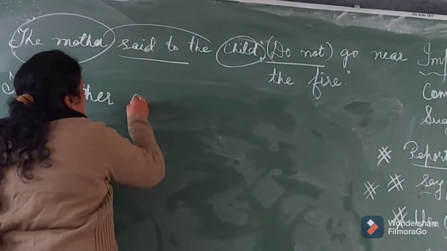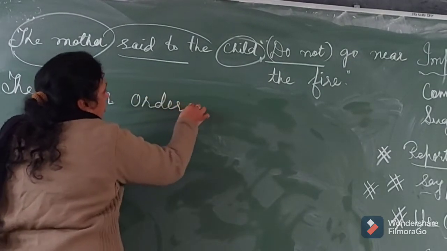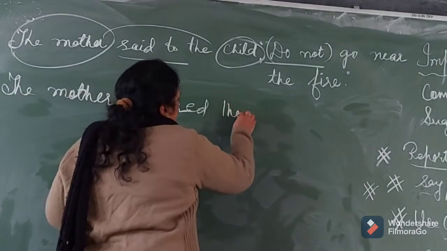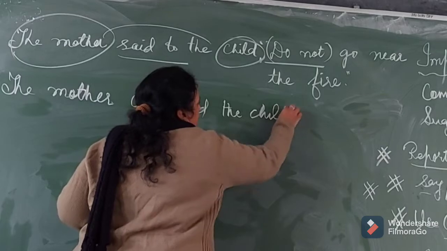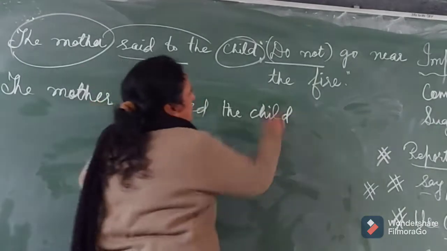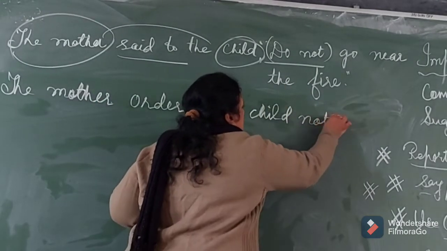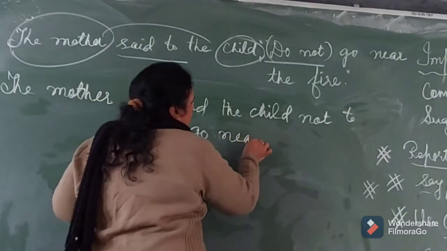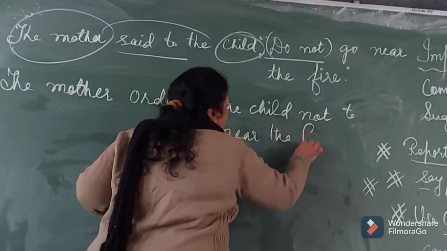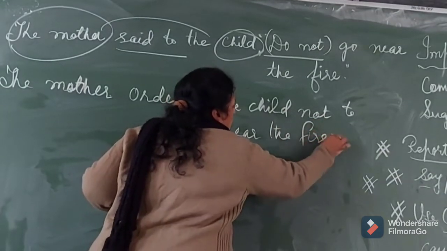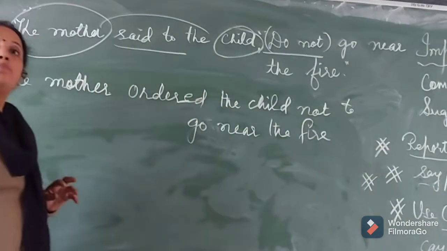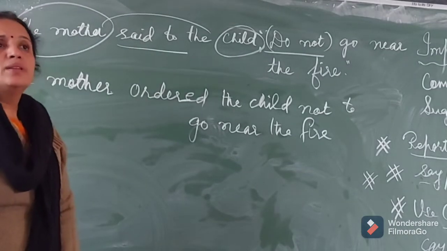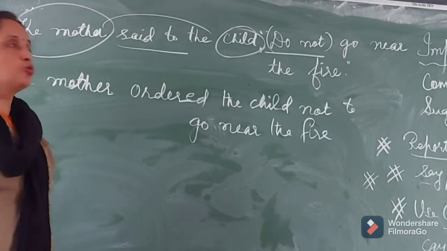So you can replace said to with the verb ordered. Then write the object child. Again follow the same rule. Change do not into not to go near the fire. This is another format you can follow to change imperative sentences in which we are warning someone not to do something.